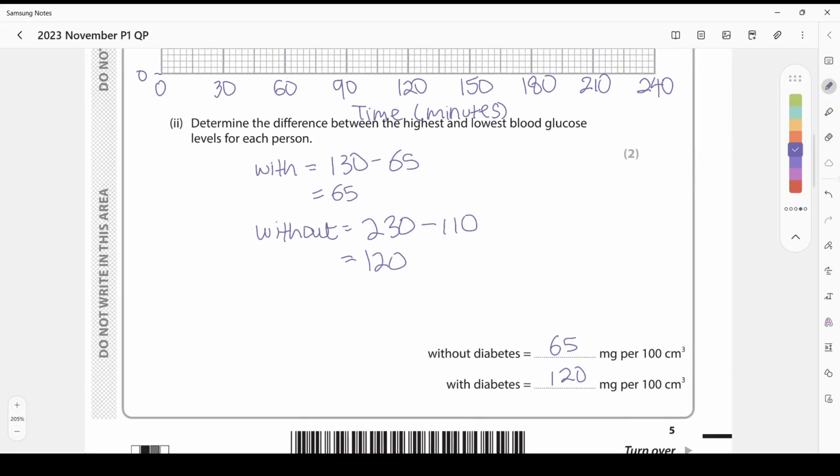Another thing we can also say is the difference, right? So a person without diabetes has a smaller range, whereas a person with diabetes has a much larger range between the lowest and highest blood glucose level.